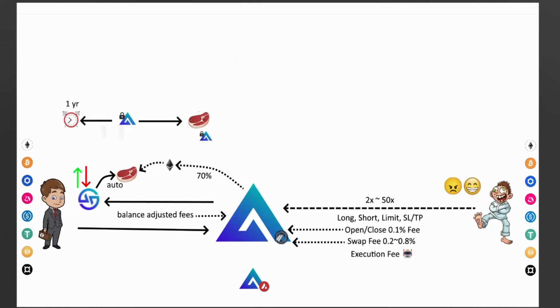Moving on. Now, the stakers of these GLPs also earn escrowed GMX tokens, okay? So they're like time-locked GMX tokens. When you get these escrowed GMX tokens, you have two options. One is you can start the 1-year vesting period, or you can stake them to earn more escrowed GMX tokens.